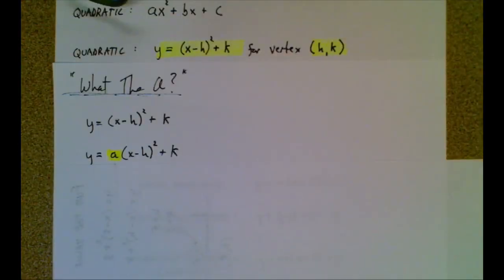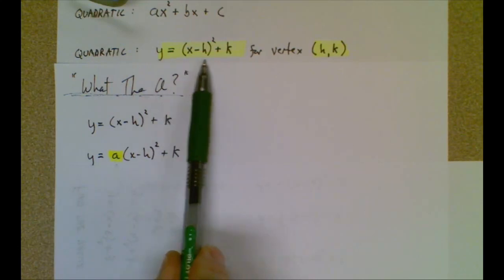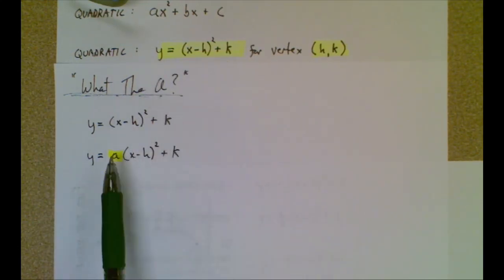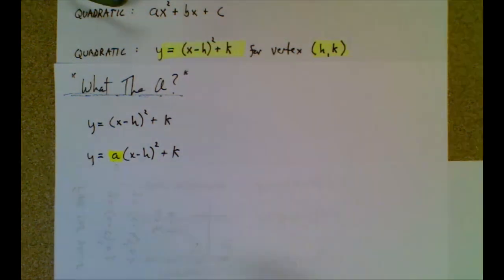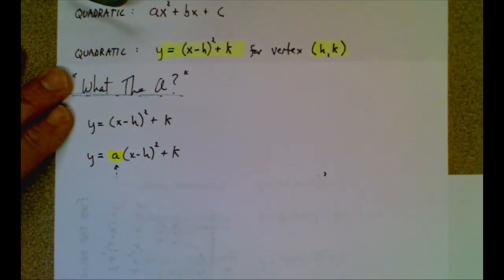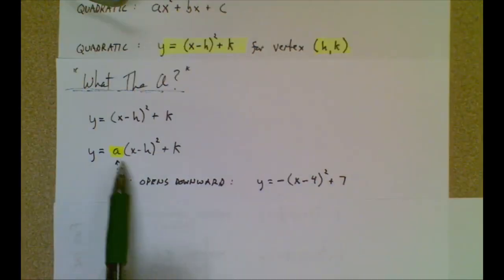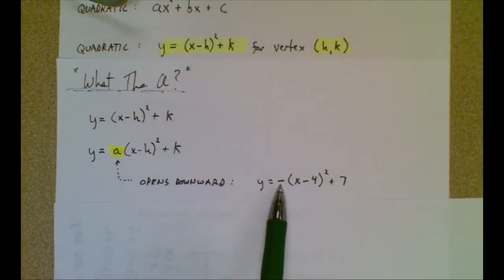One final piece, and it's something you already know. I originally stated the equation like this, but you will often see it with an a written out in front. That a is no big deal. You already know what that does, and I'm going to show you as we look at an example. If that a is a negative, then you know that graph opens downward.